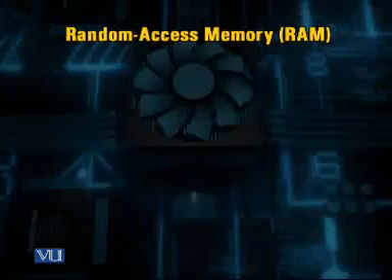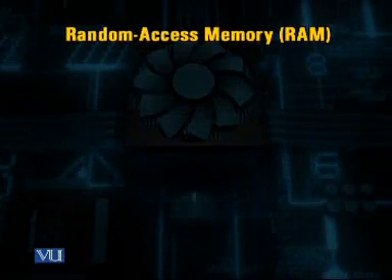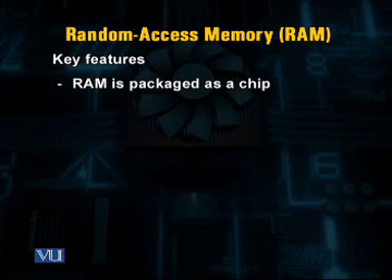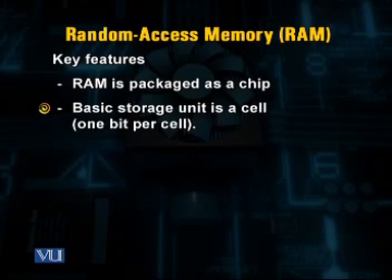For this purpose, we will first of all talk about the random access memory. The key features of a random access memory, which is in short referred to as a RAM, are that it is packed in a chip and its basic storage unit is known as a cell.